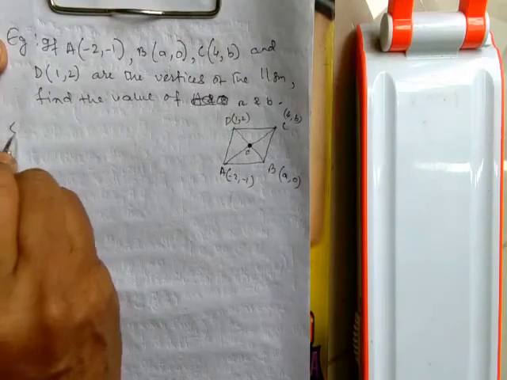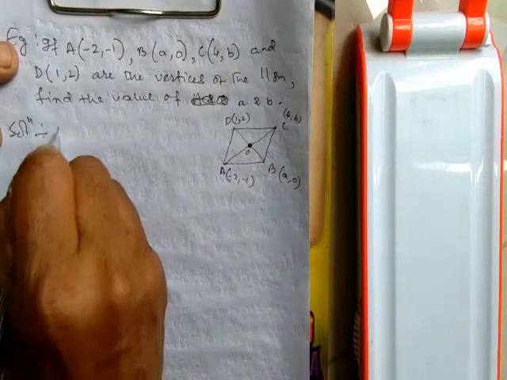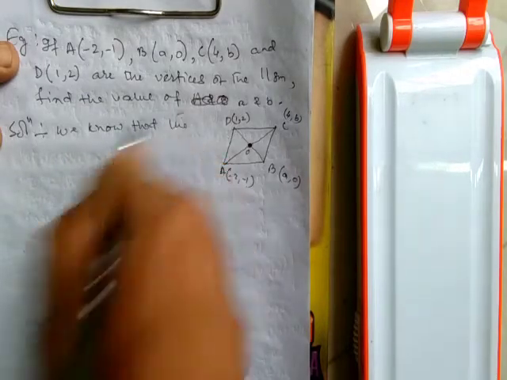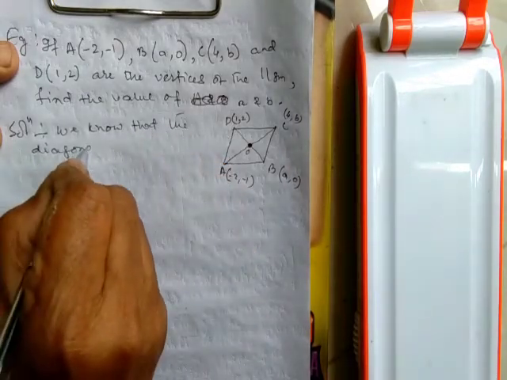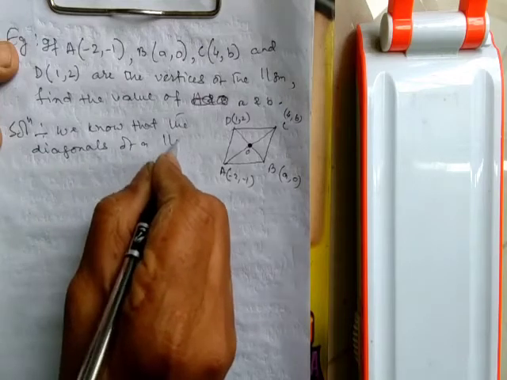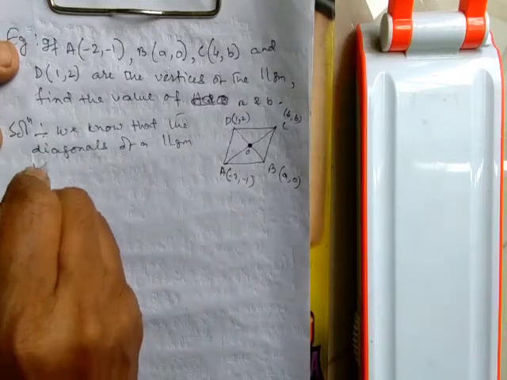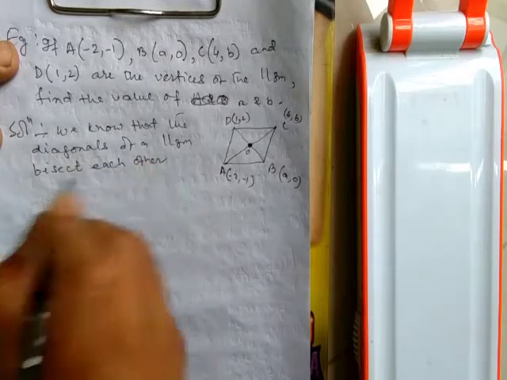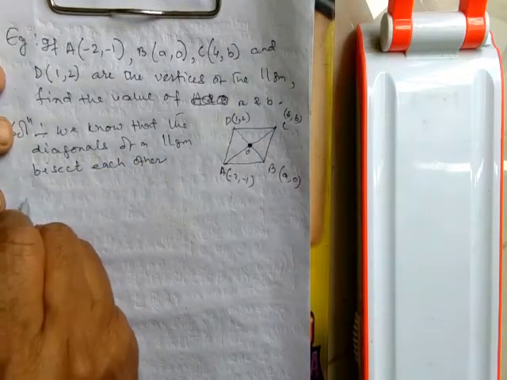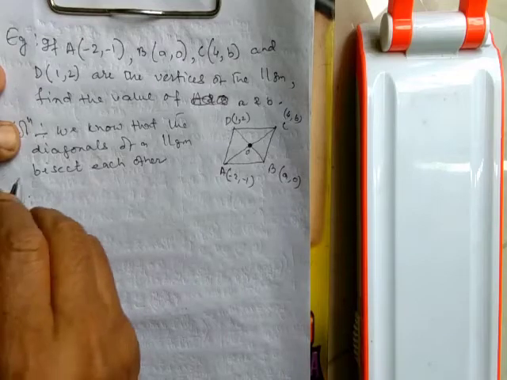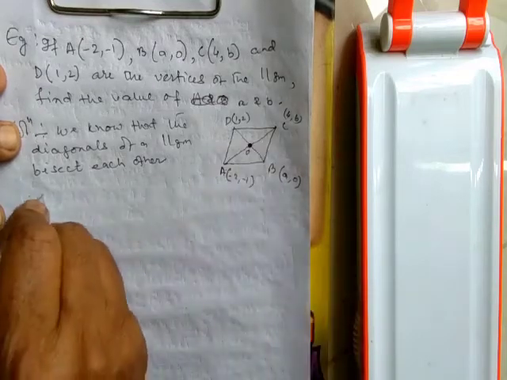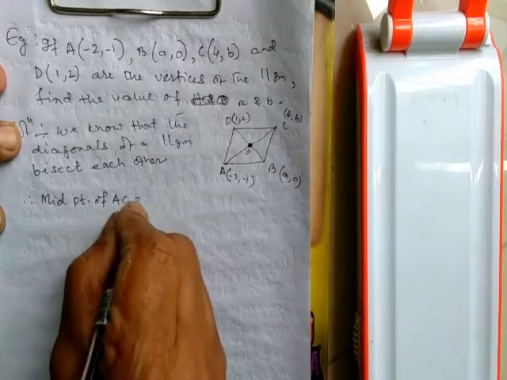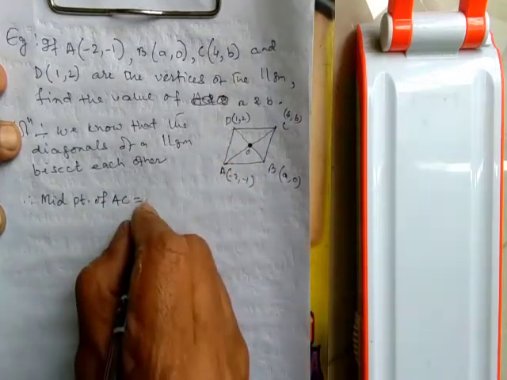Now, solution. We know that the diagonals of a parallelogram bisect each other. Therefore, midpoint of AC is equal to midpoint of BD.